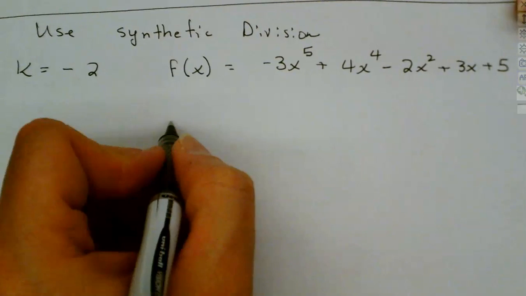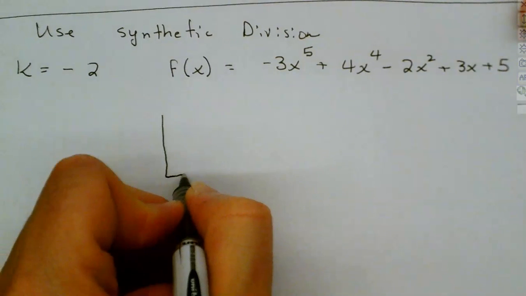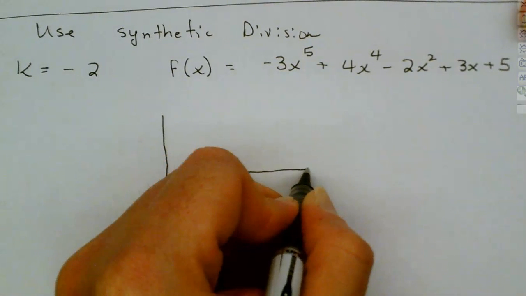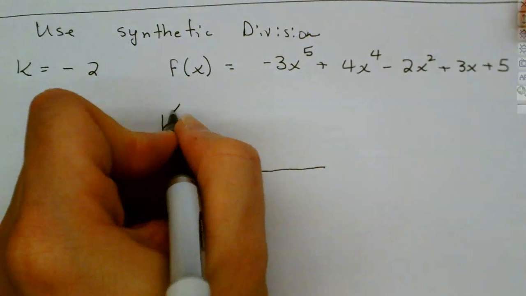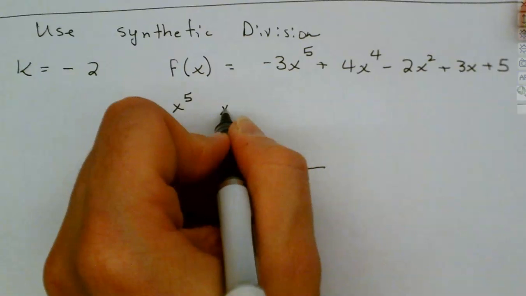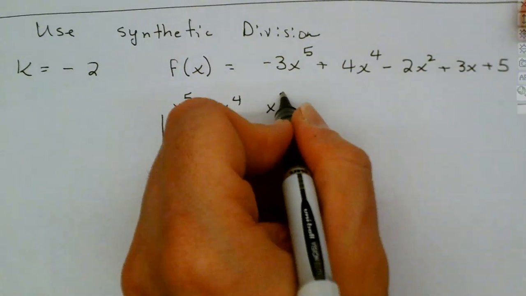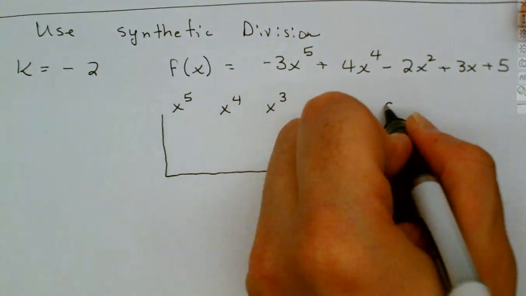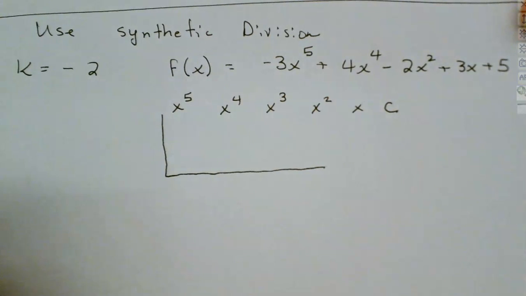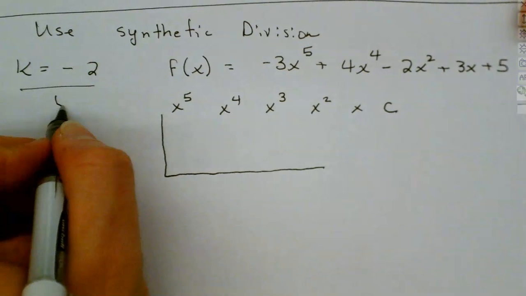Now, this one is missing a term. And so when we write it, we always start with the highest power, which is, in this case, x to the 5th. So we need x to the 5th, x to the 4th, x cubed, x squared, x, and then the constant value c. And our k goes out here.